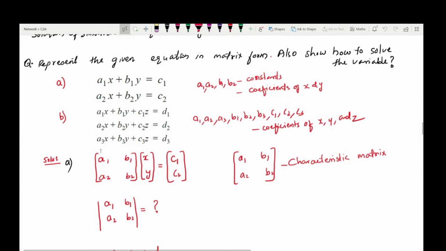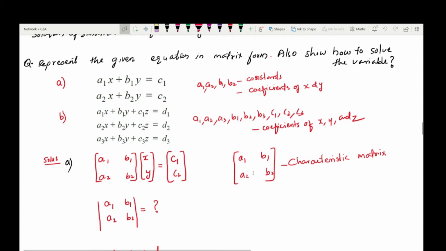So first column entries correspond to the coefficients of x in the first and second equation. Similarly, second column entries are the coefficients of y, the second variable, in the first and second equation. These are the constants corresponding to the first and second equation.